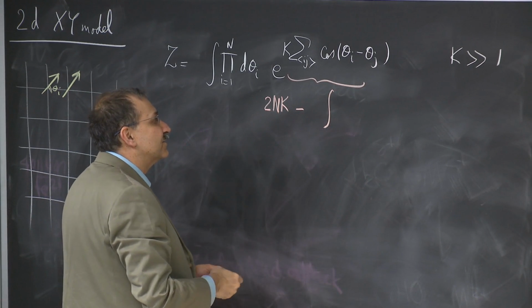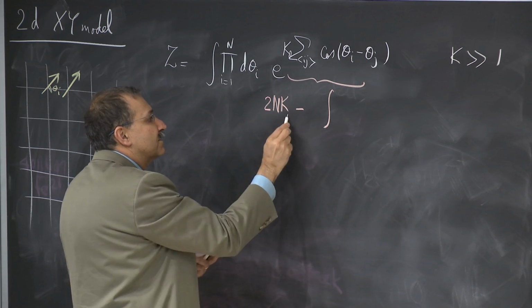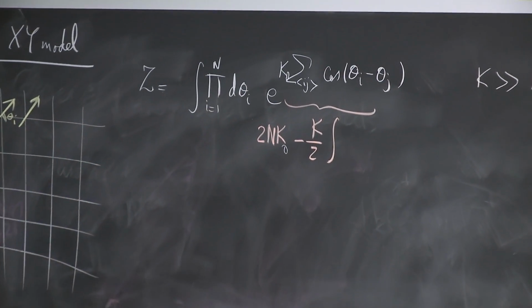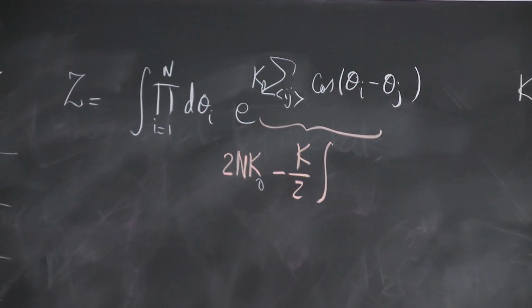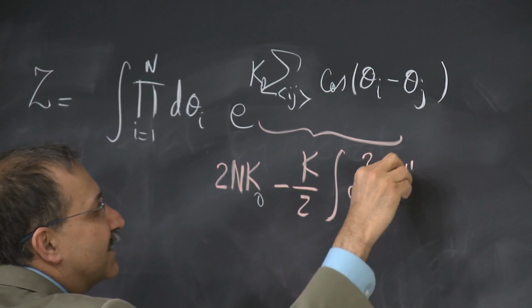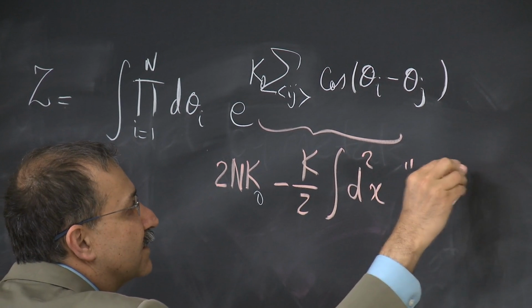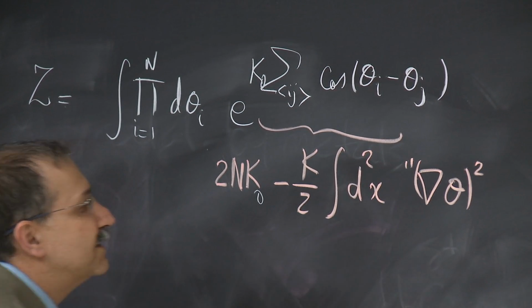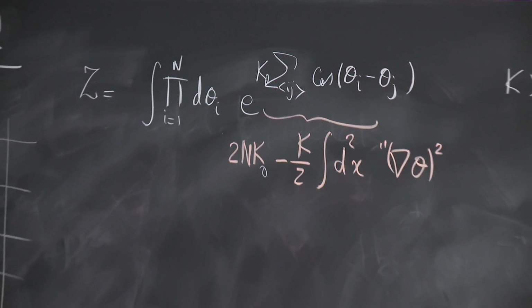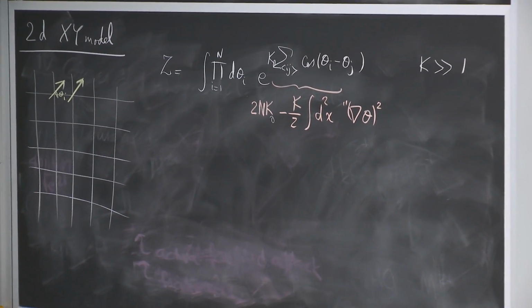Let's call this K0, and have a factor of K, which is proportional to K0 up to some lattice spacing, an integral of gradient of theta squared. So basically, the difference between the angles in the continuum version, I want to replace with a term that tries to make the gradient to be fixed.